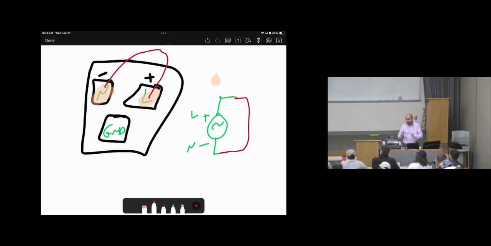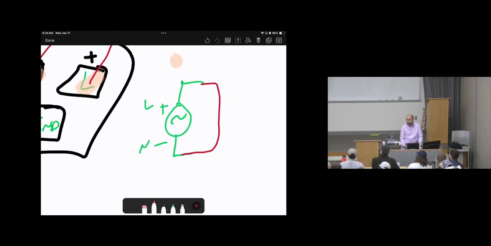If you connect live and neutral together, you are making the equivalent circuit like this, right? So let's look at the currents. This is point A, this is point B. According to Ohm's law, I equals V over R, right? Here the voltage, let's assume 120 volts. The resistor, there is no resistance, right? So 120 over 0.